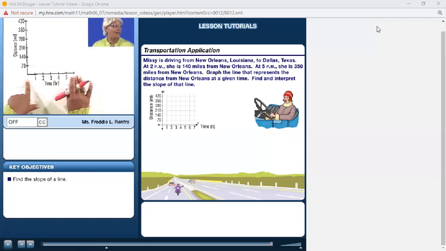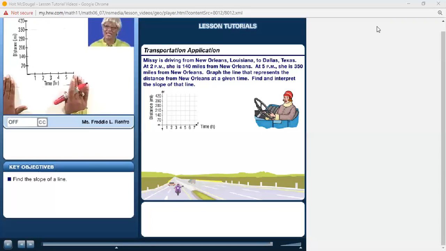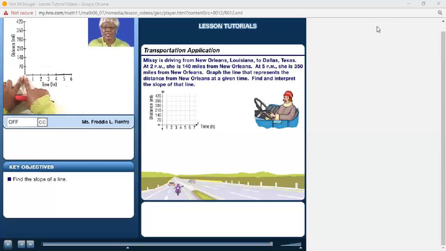Now let's go back to our problem. Missy is driving from New Orleans and she's going to Dallas. At 2 p.m., she is 140 miles from New Orleans. So I'm going to start at 0 and go to 2, which represents 2 p.m. She is how much? 140 miles.